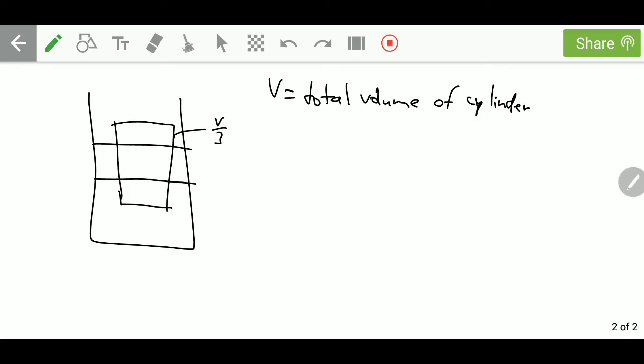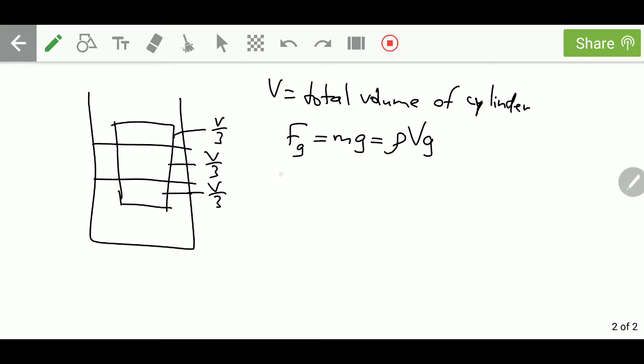And so we have V/3 in the air, V/3 in the oil, and V/3 in the water. So the gravitational force is equal to the mass of the cylinder times the gravitational acceleration, and the mass is just rho times the volume. So we get rho Vg.